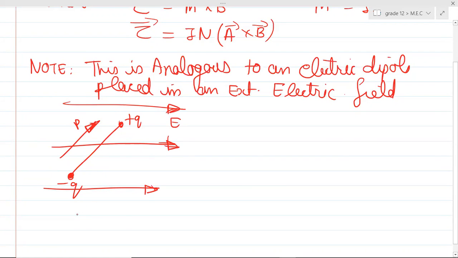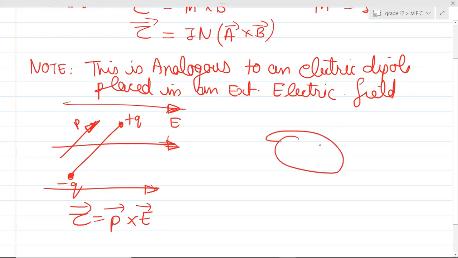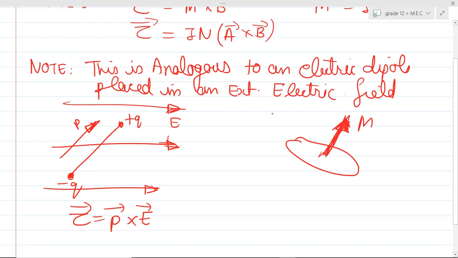Then it experienced a certain torque, right? That torque was given as P cross E. Similarly, suppose there is a loop over here, and let's say the magnetic moment of this loop is M, and this loop is placed in a magnetic field B vector.